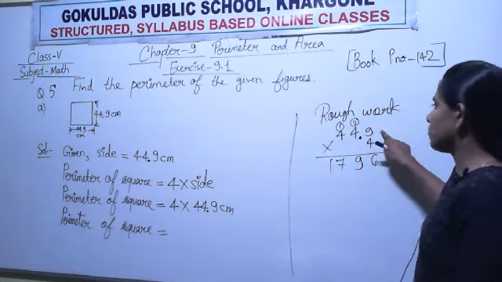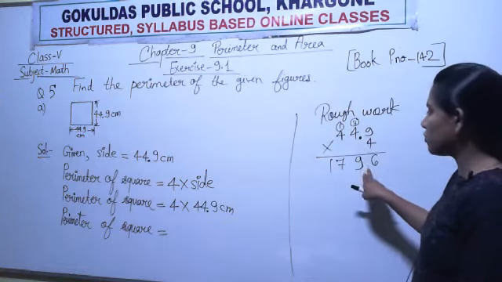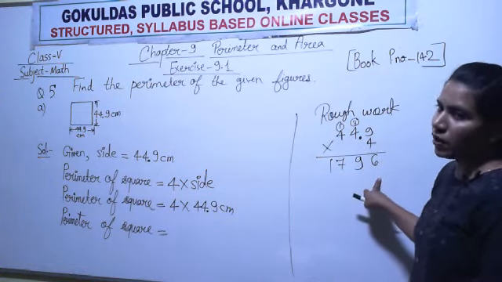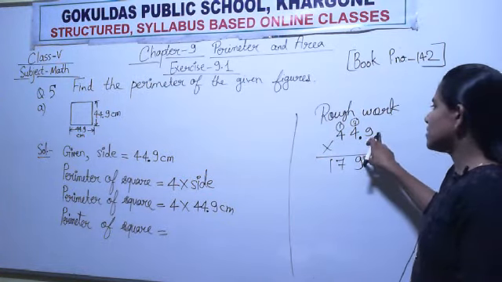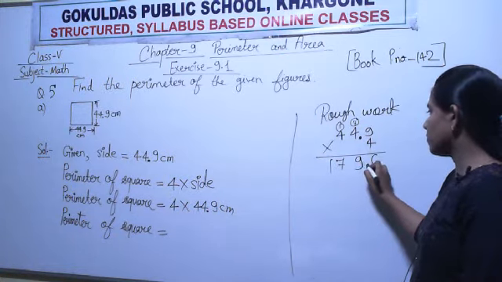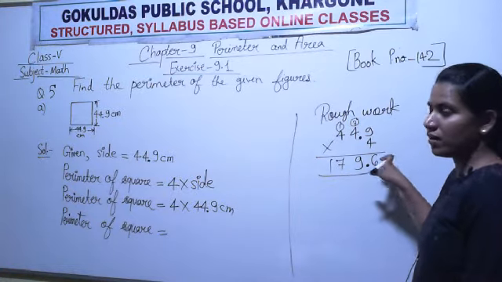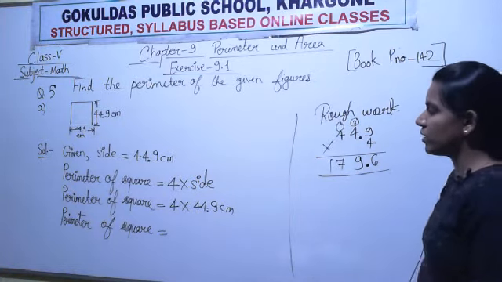Our first number, our multiplicand is a decimal number, so we need to put a decimal in the product also. As decimal is just after 1 digit, in our answer we will put a decimal from the rightmost side, we will leave 1 digit and we will put decimal.